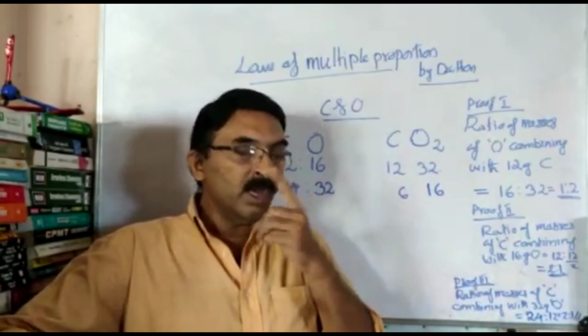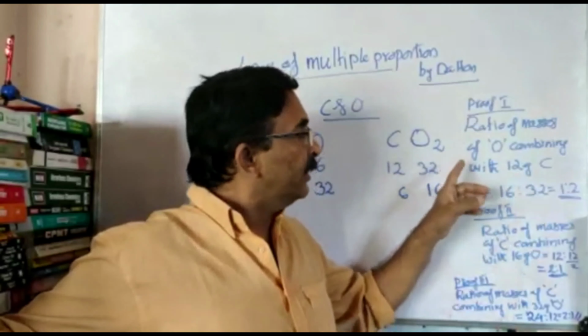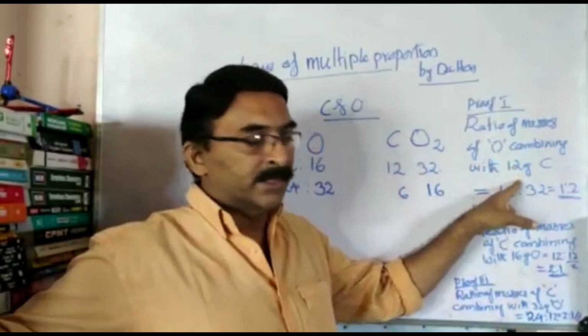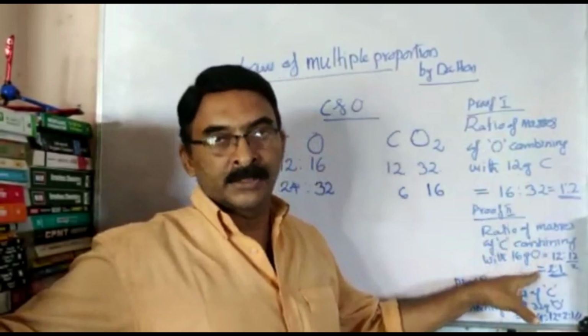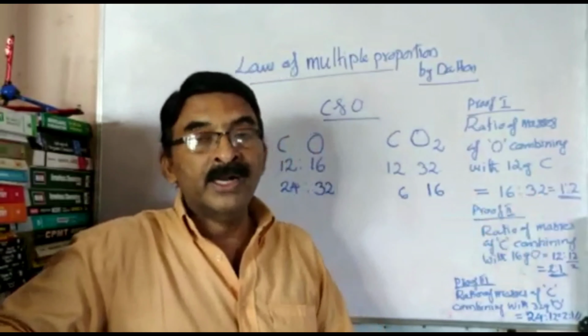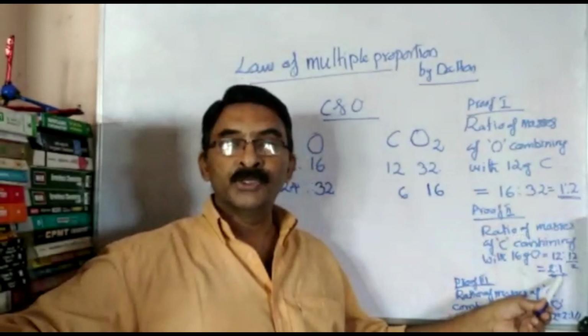And we also find one thing. When we change the reference element, here it was carbon's fixed mass, here it was oxygen's fixed mass, the ratio got inverted. Here the ratio was 1 is to 2, whereas here the ratio is 2 is to 1.